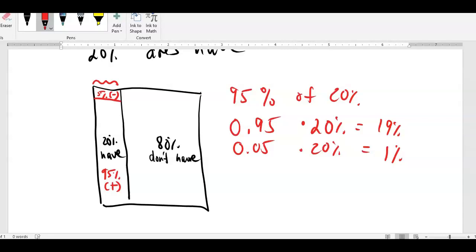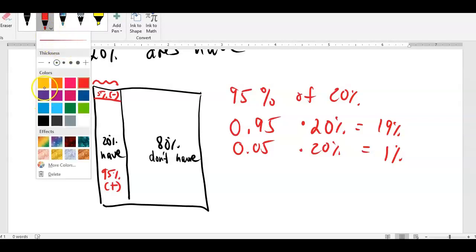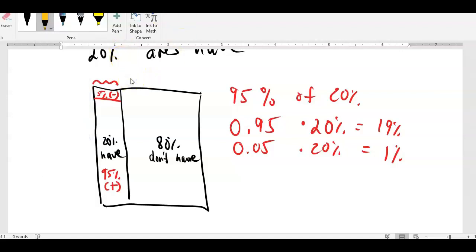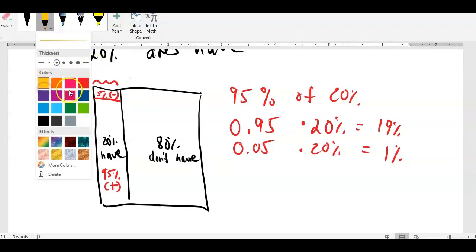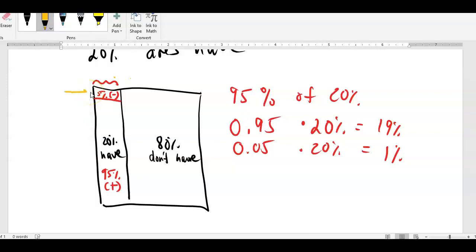So, let me change colors here just so you can see what I'm getting at. We'll go gold here. So what we're getting at is this. In this section right here, the 5% of the 20%, that's 1%.